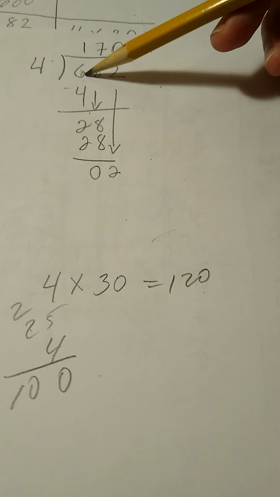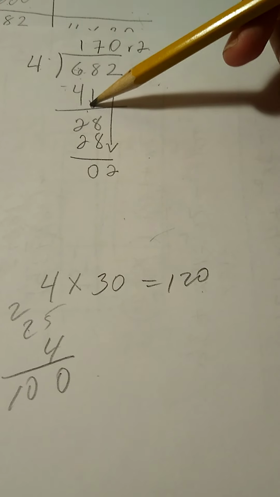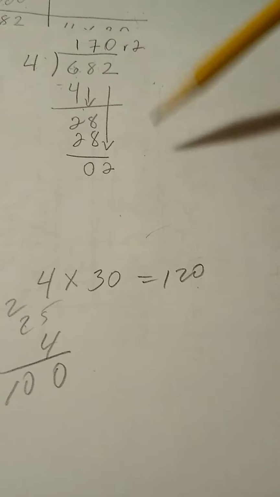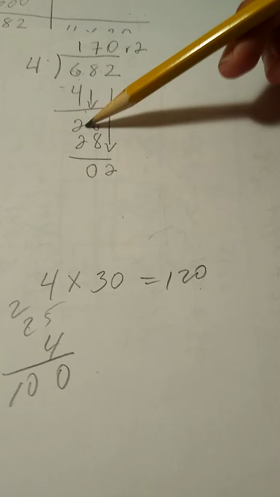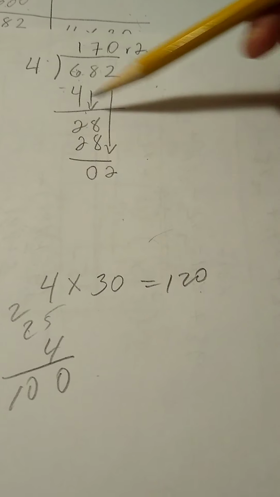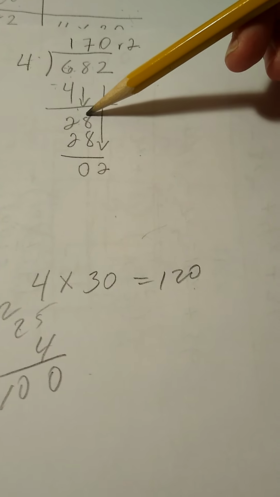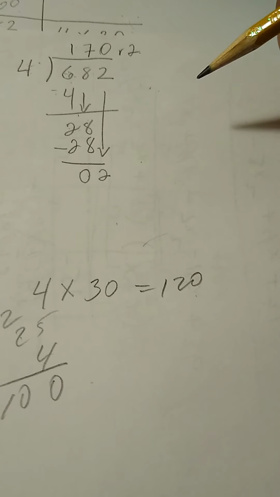How many times does 4 go into 6? 1 time. 6 minus 4, 2. Bring down the 8. 28. How many times can 4 go into 28? 7 times, because 4 times 7 is 28. 28, take away 28 is 0.